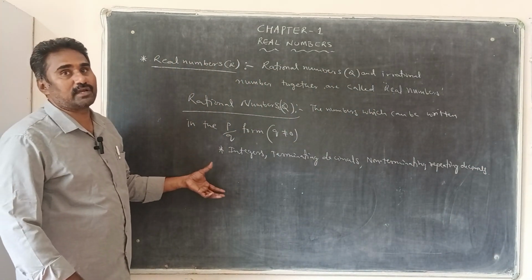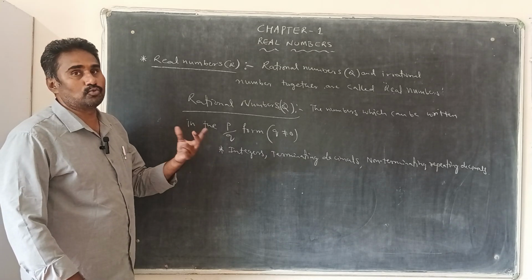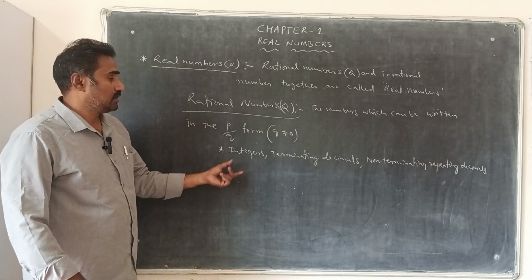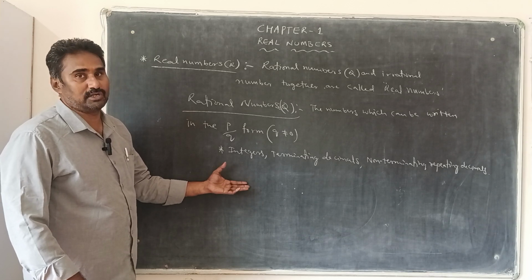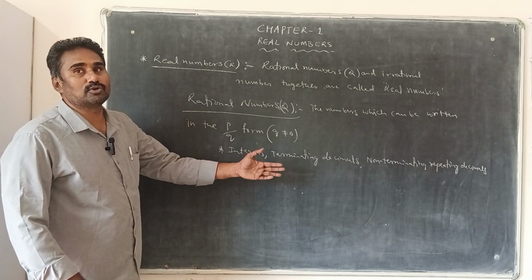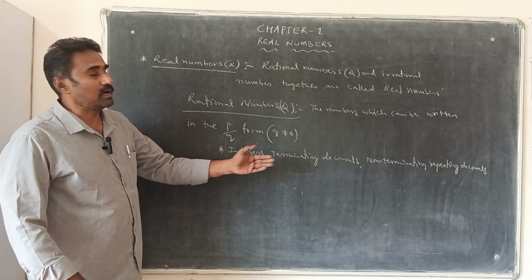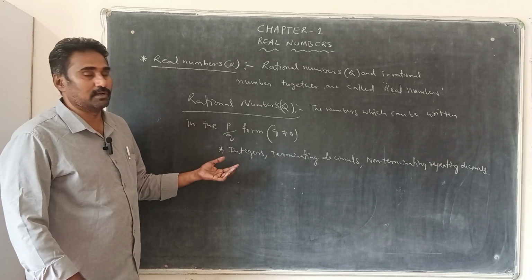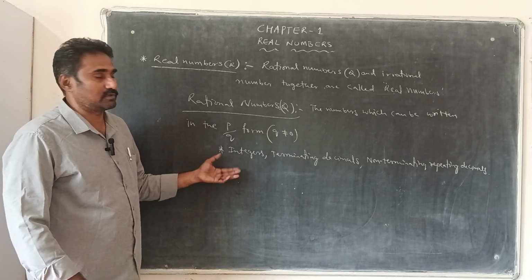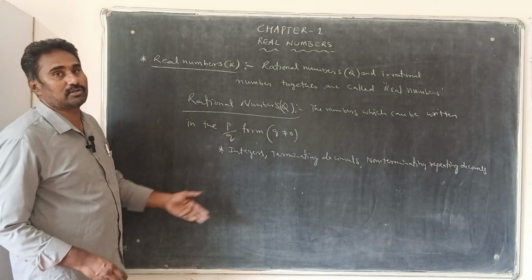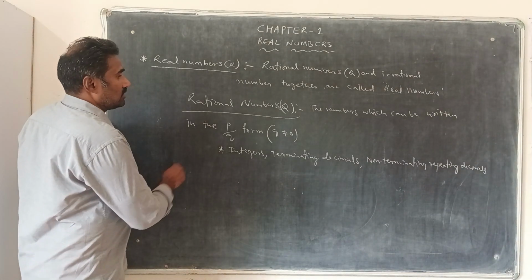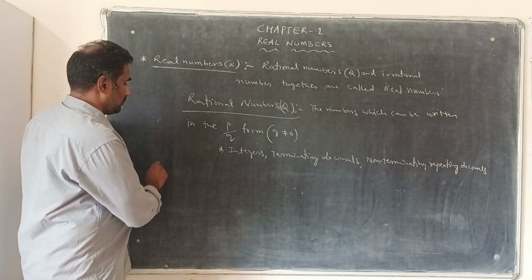If you take any fraction and do the division, two types of decimal forms will come. After some steps, you may get 0, which means they are called terminating decimals. Or sometimes in the quotient, the same digits will repeat after some steps. The division never ends, you keep getting remainders and continue the division. So these are called rational numbers.